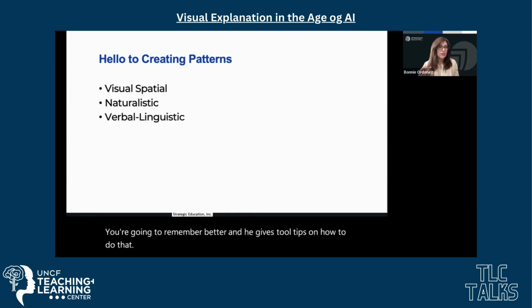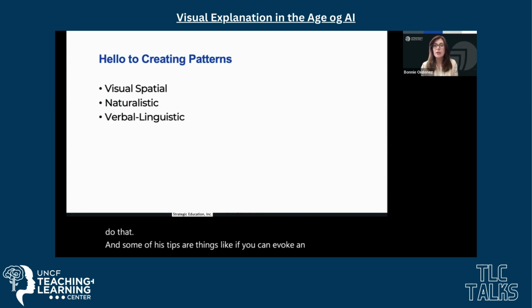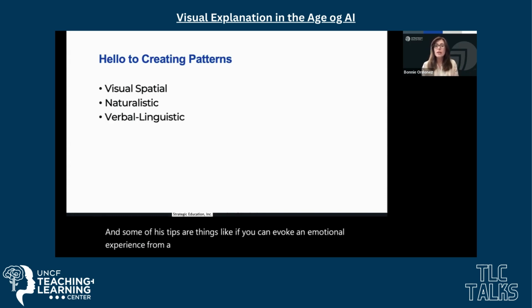And some of his tips are things like, if you can evoke an emotional experience from a topic. So if you can help relate something and connect something. One of his examples was talking about DNA in a science class, and then relating that to prisoners who've been wrongly convicted and freed on DNA evidence, so that students then have an emotional connection to that.